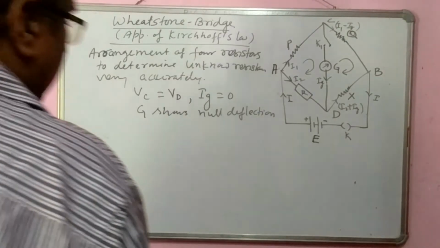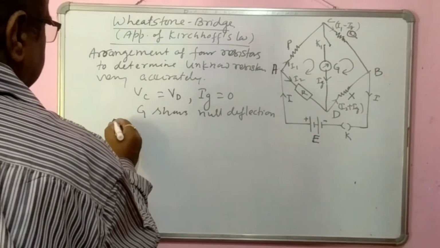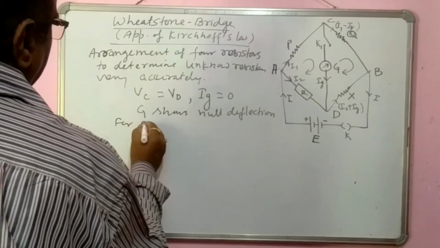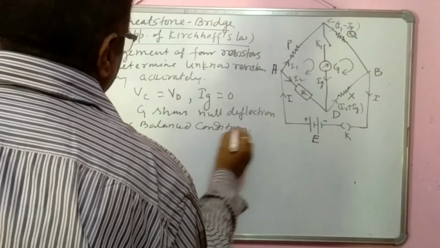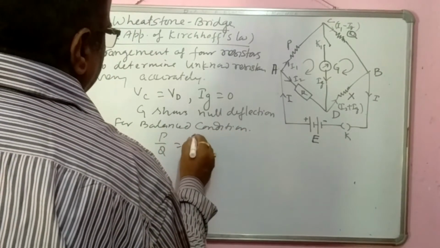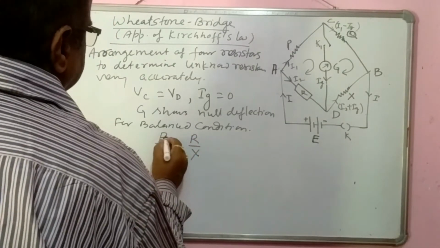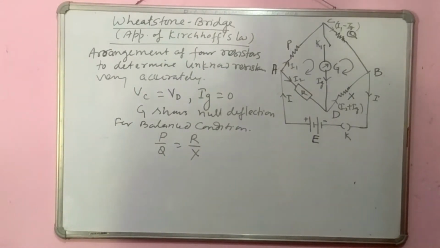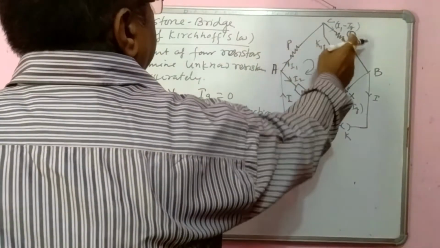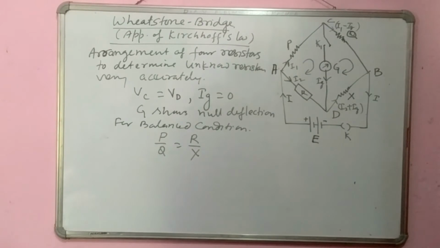So in this condition, when the bridge is balanced, for the balanced condition, P by Q is equal to R by X. The ratio P by Q is equal to R by X. The P by Q arm is known as the ratio arm, and the other two are known as the standard arm.